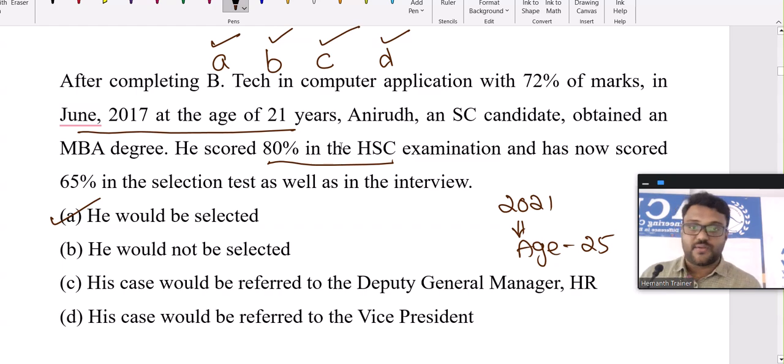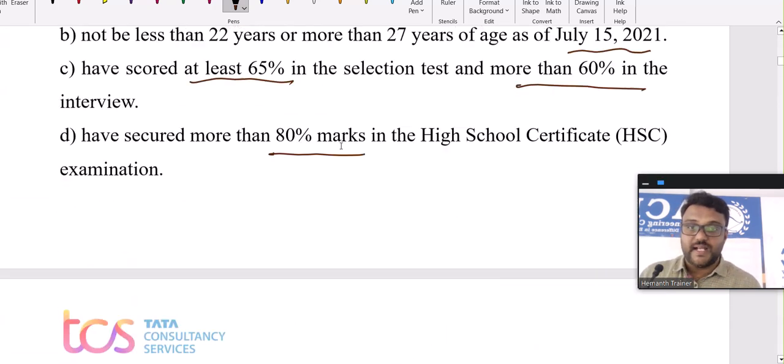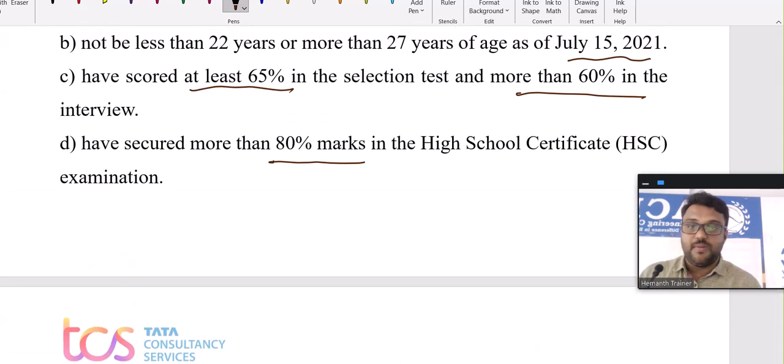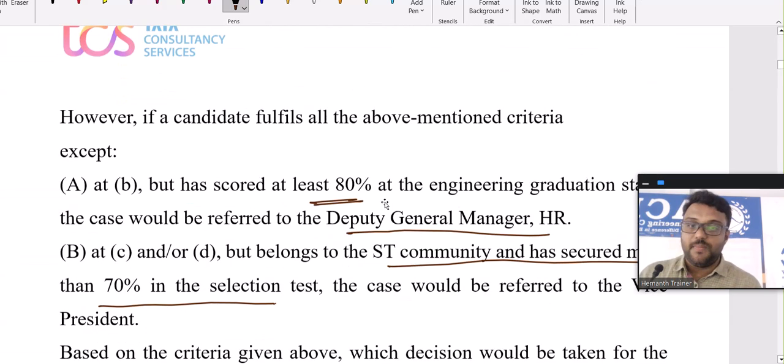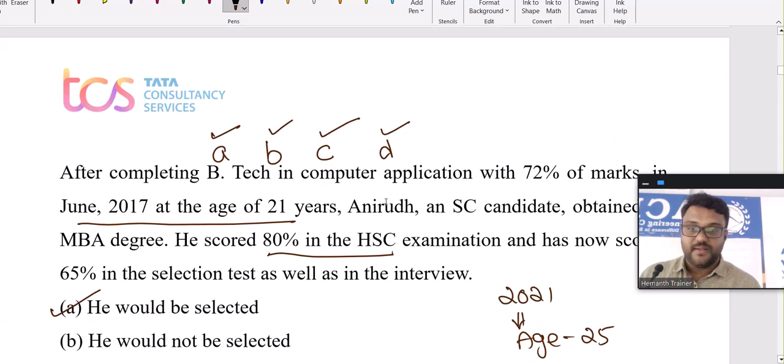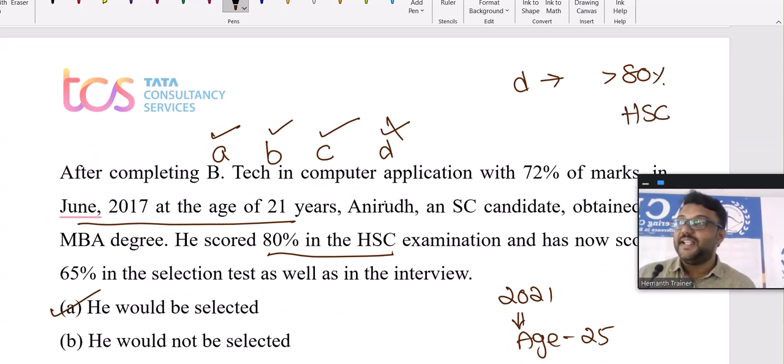I'll just scroll, see the conditions again. I think there is a problem with D. D not satisfied. Why? D is more than 80%. How much is he having? He scored 80%, but you see the condition D. D failed.